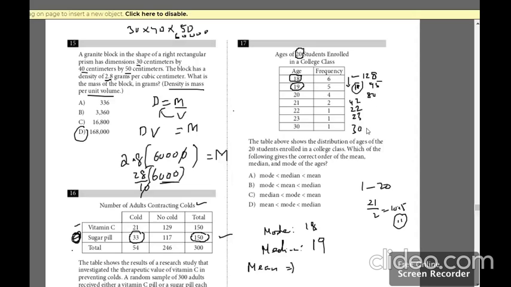Upon adding all this, it will be approximately 400. Dividing by the number of observations, which is 20, since average is sum of observations by number of observations, our answer is 20. As you can see, mode is less than median, median is less than mean. Mode, median and mean, so option A would be our answer.